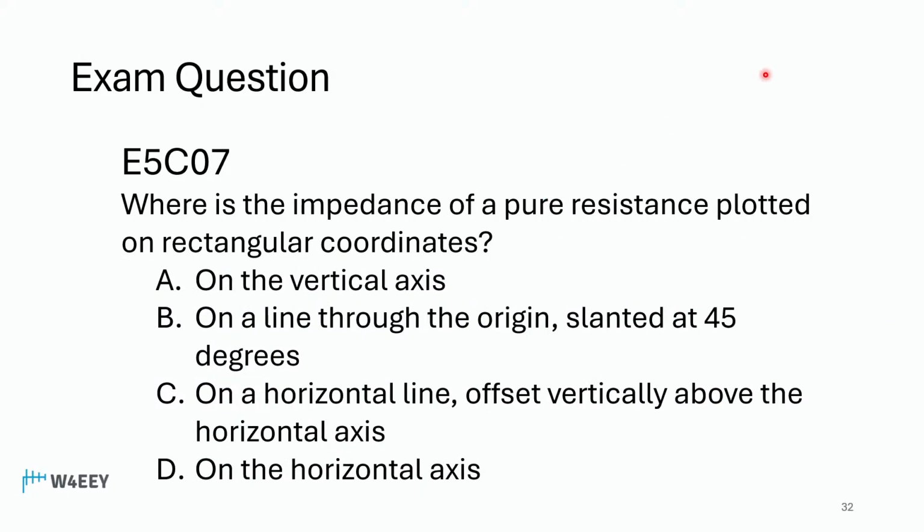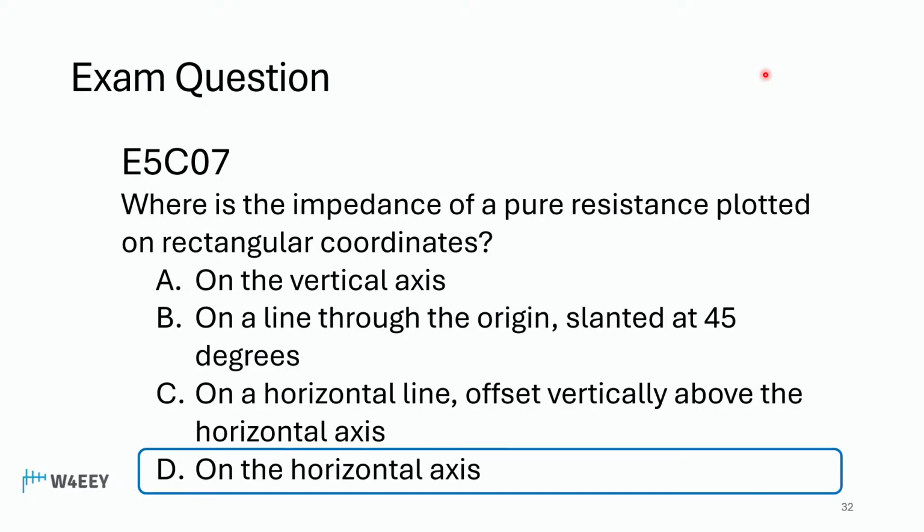Where is the impedance of a pure resistor plotted on rectangular coordinates? It's going to be right on, Delta, right on the horizontal axis. Yep. Horizontal axis represents resistance, vertical reactance.